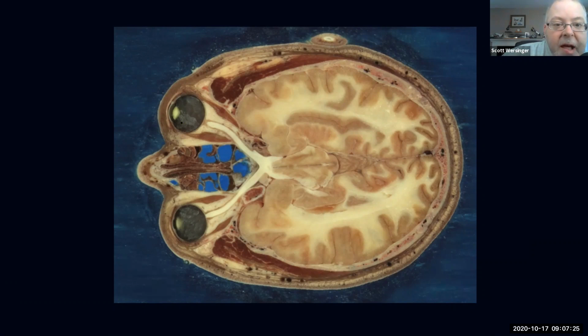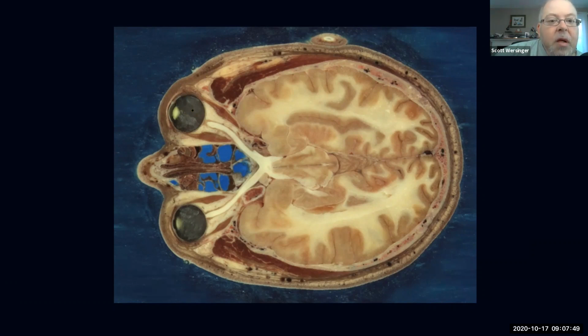Here we have the eye. Okay, and in this particular section, this is an inferior view. So you are looking from the person's feet up.